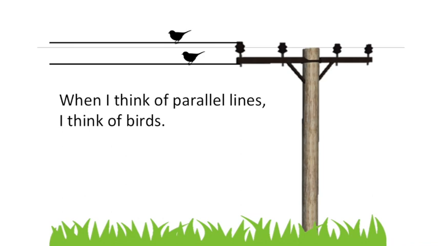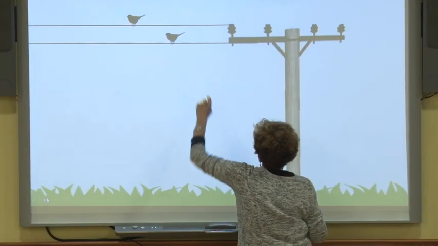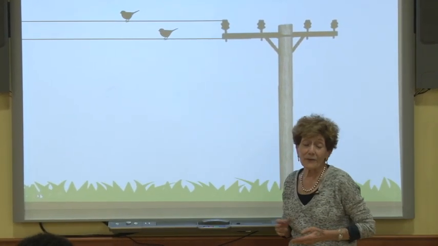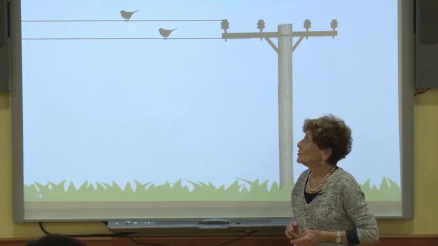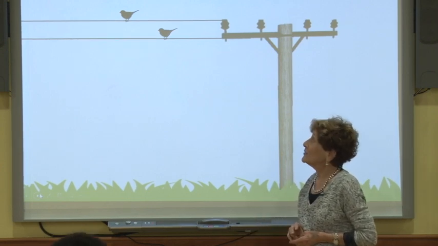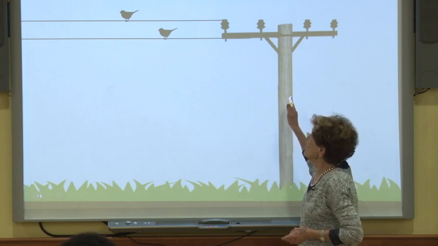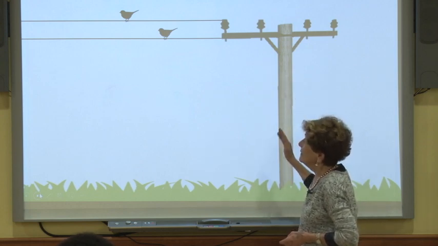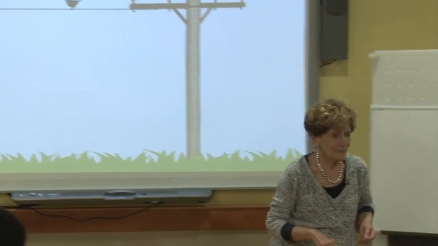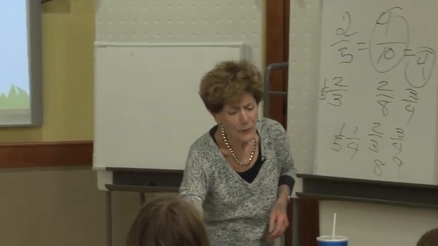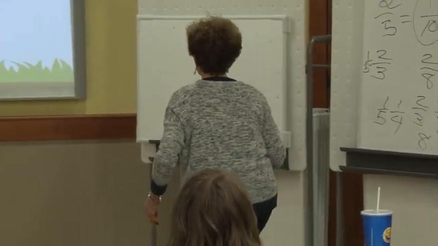So now describe. Here's your telephone pole. To the left of the pole, above the wire, is one bird. To the left of the pole, above the wire, is another bird, and they're equal. So your 2 angles are equal, and that's the way you can always do it. So if you have a straight line, just think of birds, that's what it reminds me of.